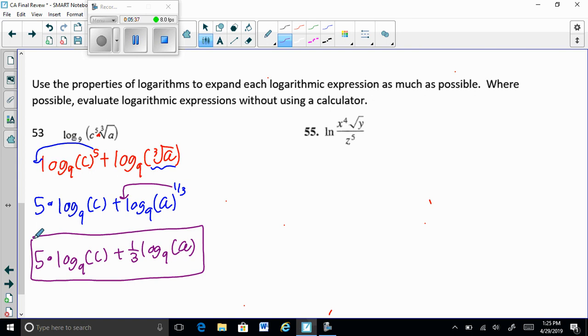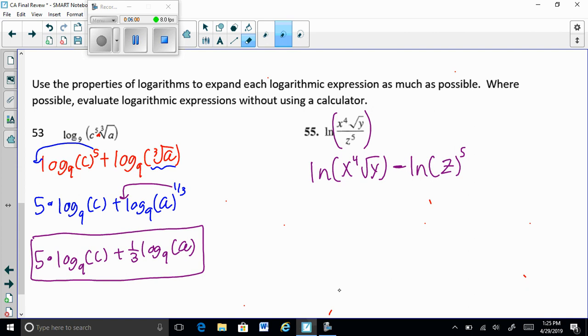So this next part, we'll deal with the quotient first. So I do have a quotient. I'm going to break this apart into the natural log of x to the power of 4 square root of y minus, because of the quotient right there, natural log of z to the power of 5. So I got a couple things I want to take care of here.